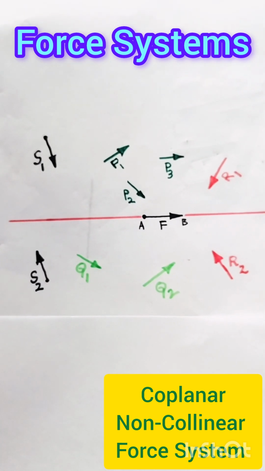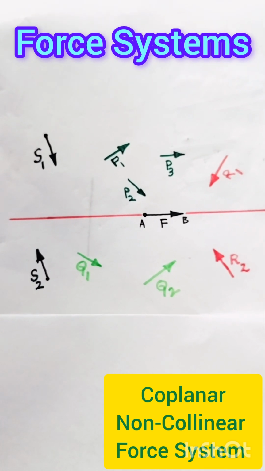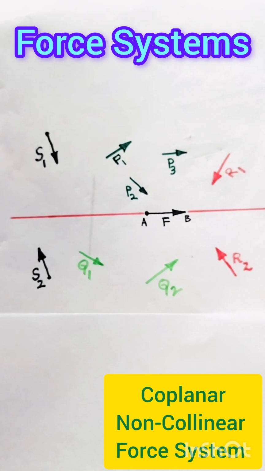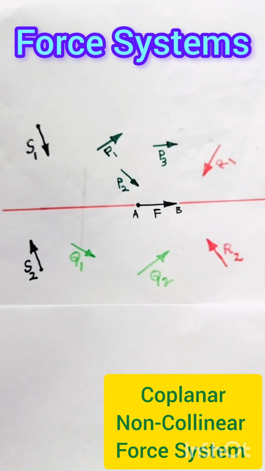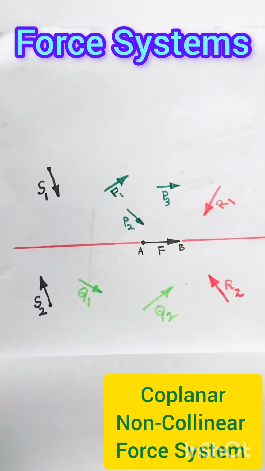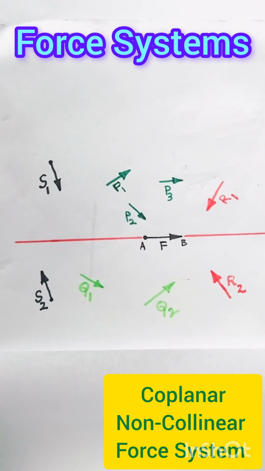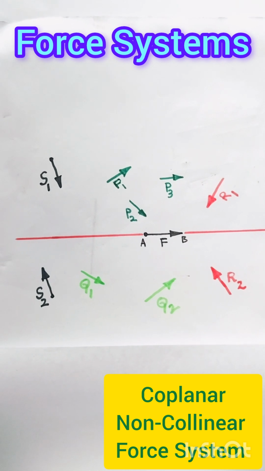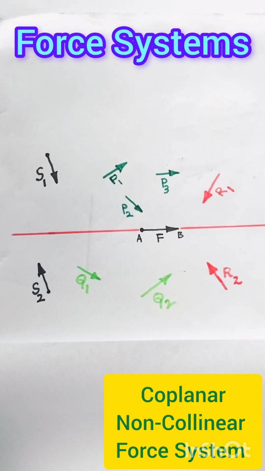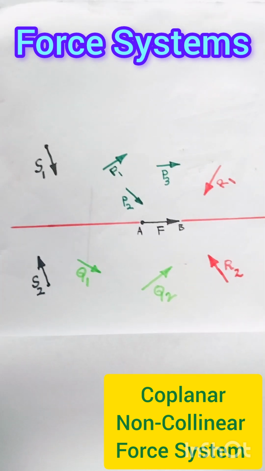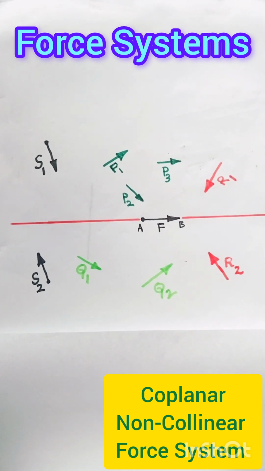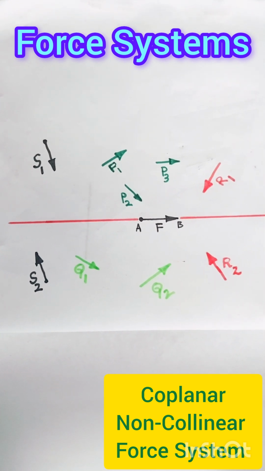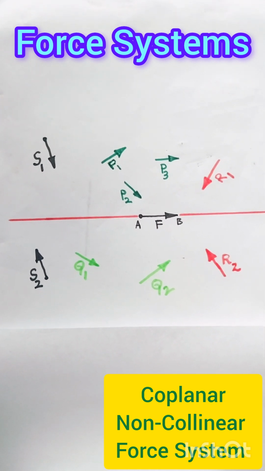Each and every force acting on the single plane has a different line of action. As this group of forces is not acting along a single line of action, it is considered as non-collinear forces, or a coplanar non-collinear force system.